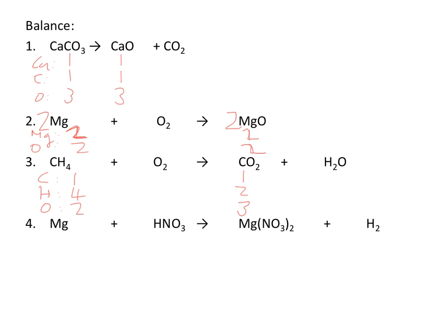So, why don't we start with trying to get the hydrogens up to speed? Okay, so we've got 4 over here and 2 here. So as a suggestion, I'm going to suggest we put a 2 here. I don't know if this is the right way to do that. I don't know if this is right or not.